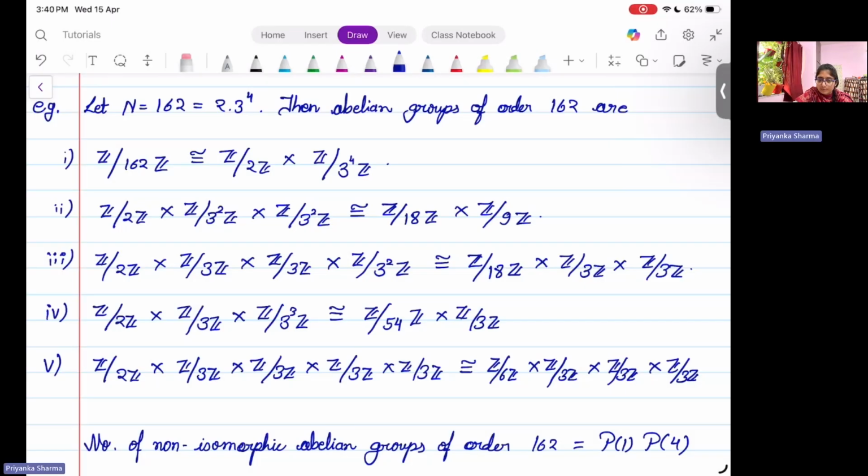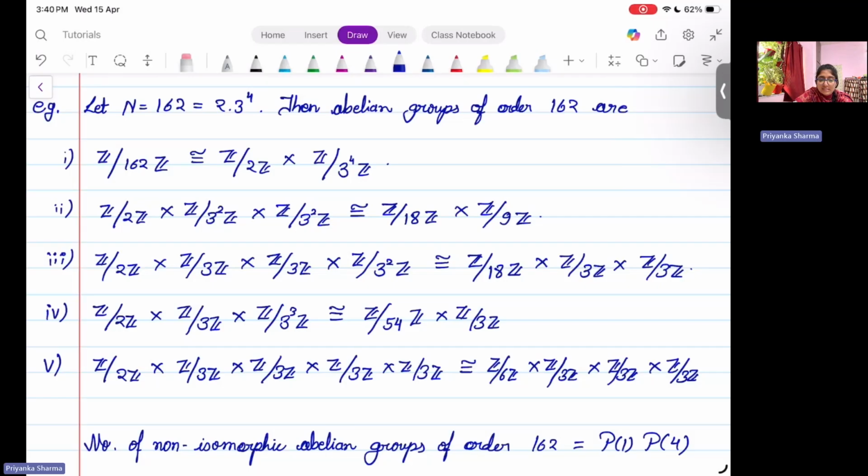The fourth possibility for an abelian group of order 162 is Z mod 2Z cross Z mod 3Z cross Z mod 3 cube Z. Similarly, here 3 cube is the highest power of 3 appearing in this direct product form, so we club this with Z mod 2Z because 2 and 3 cube are again relatively prime. So the first factor will be Z mod 54Z and the second one will be Z mod 3Z.